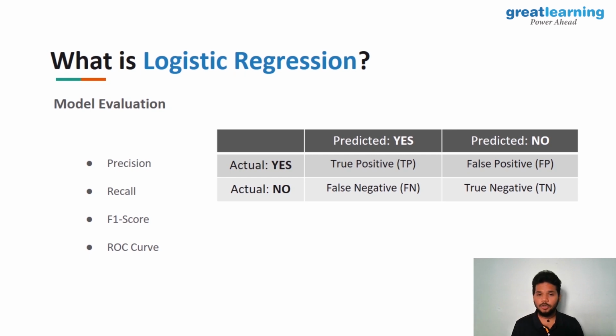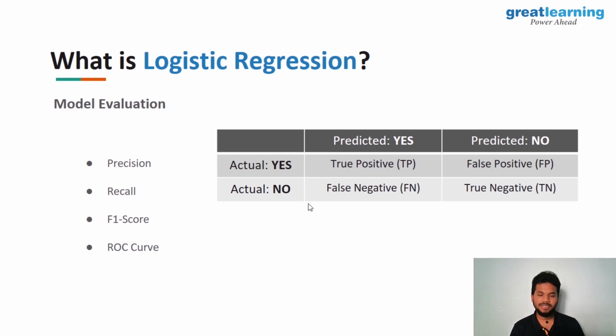As you can see on the column header, we have predicted yes and predicted no. If your prediction says yes, and your actual value is also yes, it means your model predicted right. But if your actual says yes and your model says no, it's incorrect, a false positive, because in the real world it is yes, but your model says 0 instead of 1.